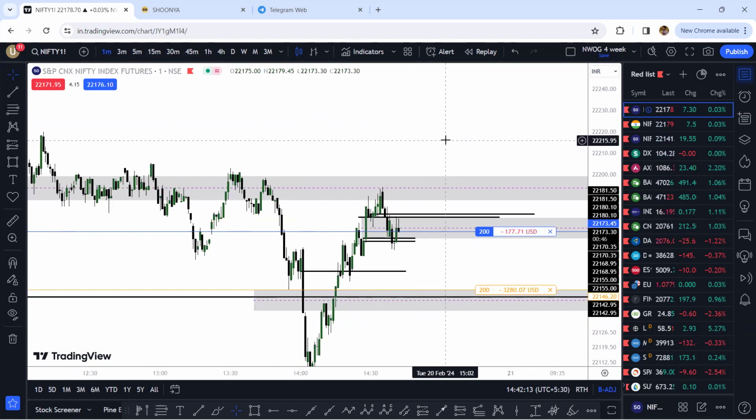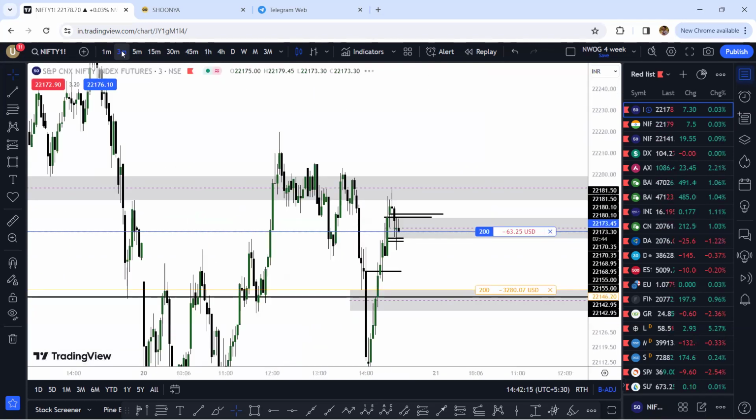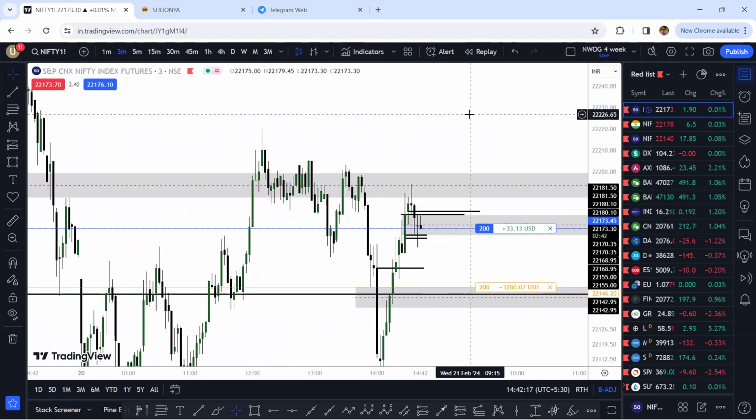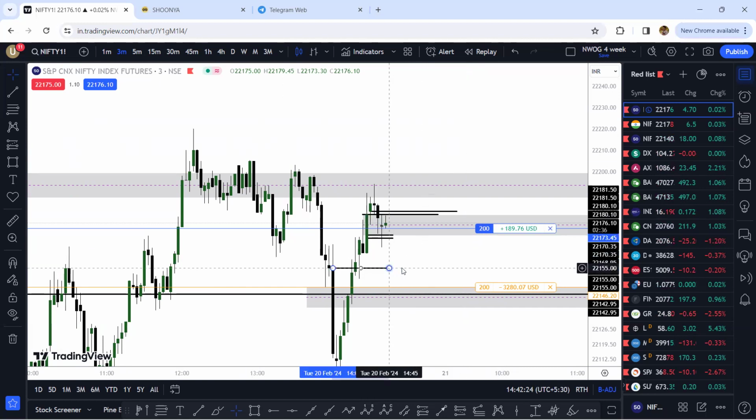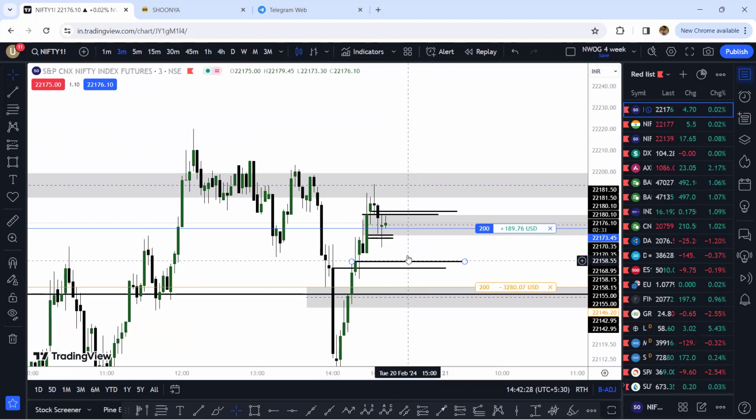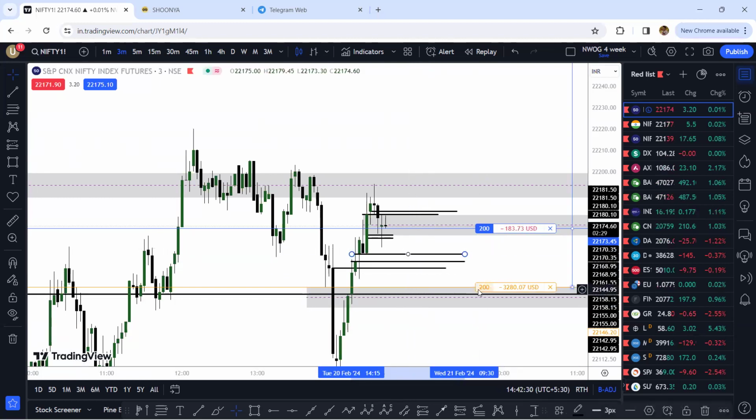Because then there's nothing that is going to act as support, and we may see the prices drop, which I wouldn't like. So we'll have this last opportunity where it can take support, hence the stop loss is perfectly placed.